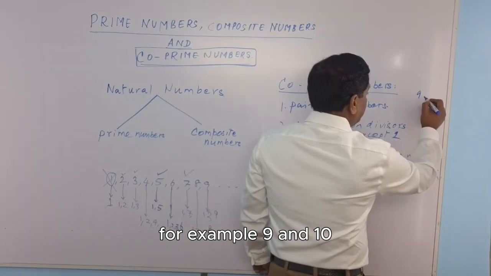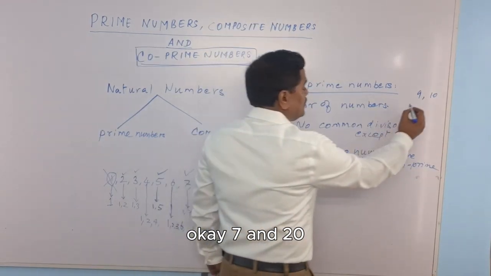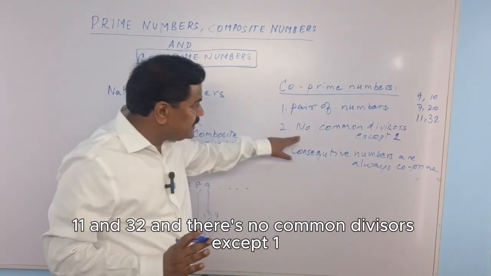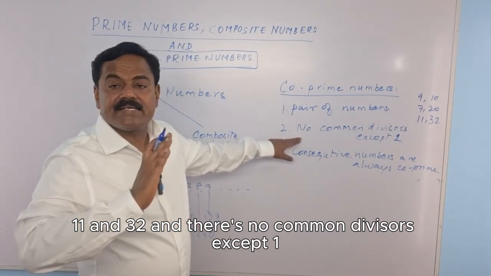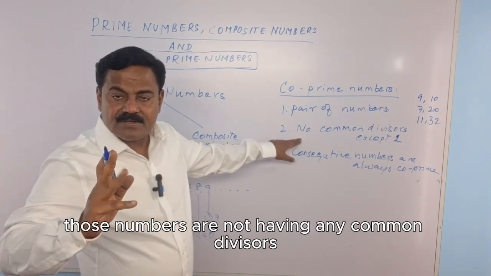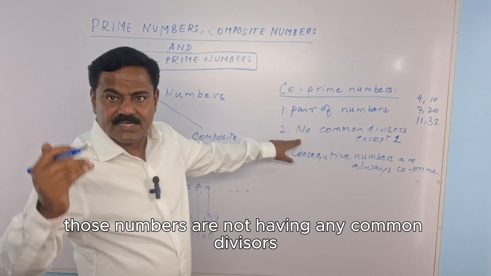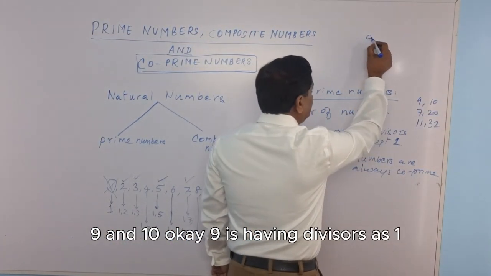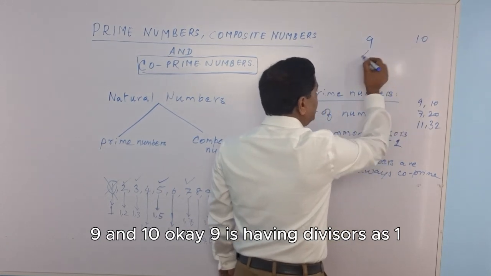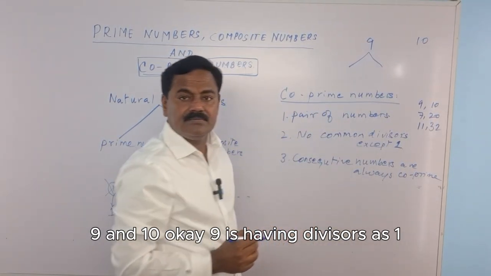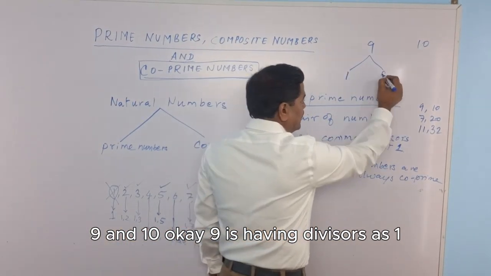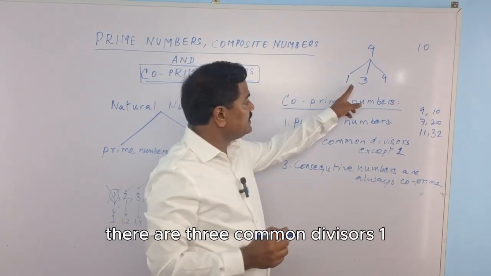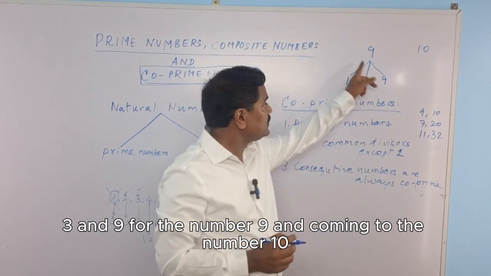For example, 9 and 10, 7 and 20, 11 and 32. There are no common divisors except 1. Those numbers do not have any common divisors. For example, you can take these two numbers, 9 and 10. 9 has divisors 1, 9, and in between 3, so 1, 3 and 9 are the divisors of 9.